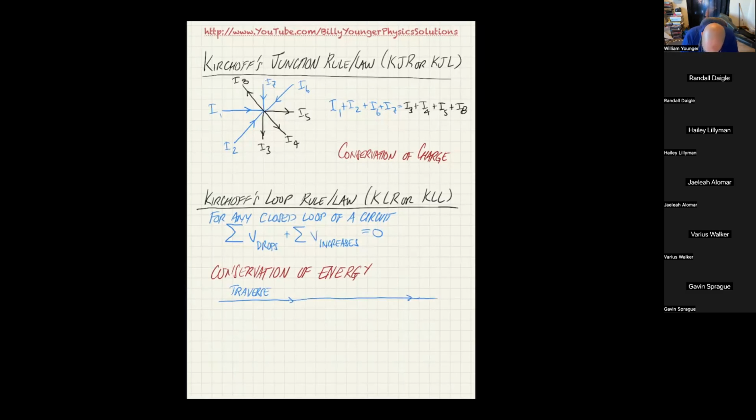For instance, if you have a wire and then a resistor, and you say that in this particular circuit, that current is going this way, then this right here is a voltage drop.